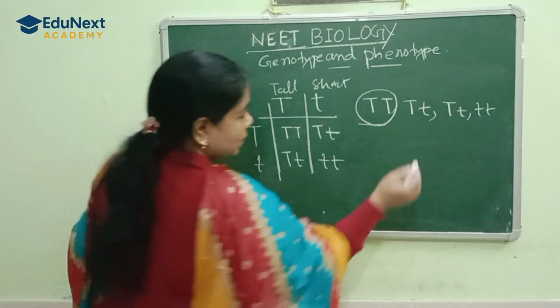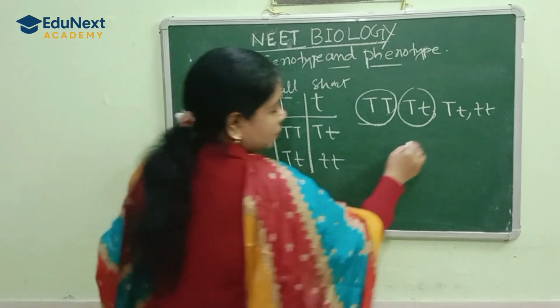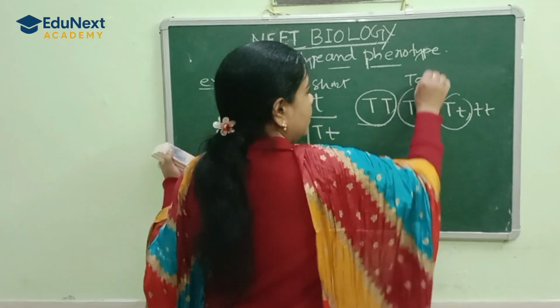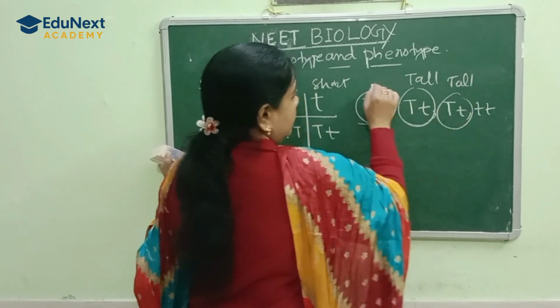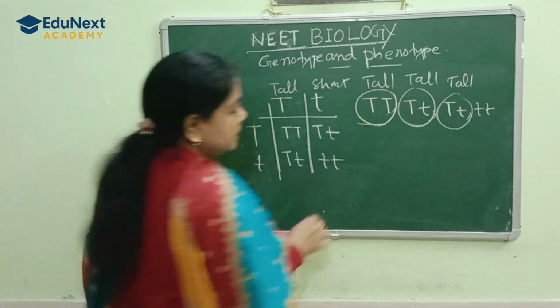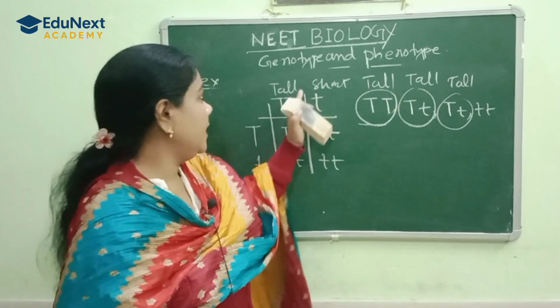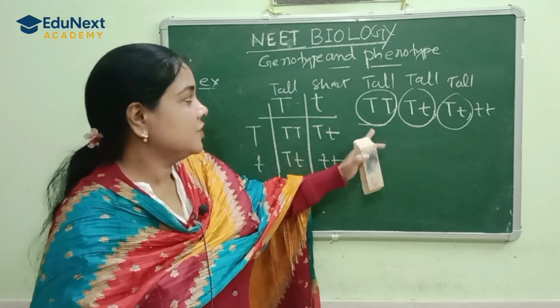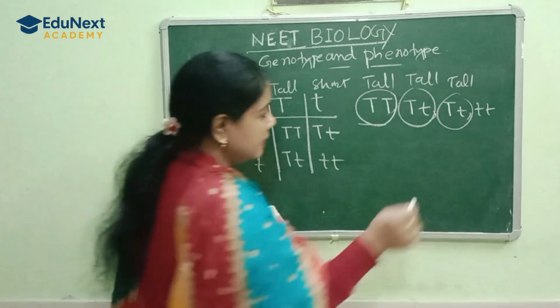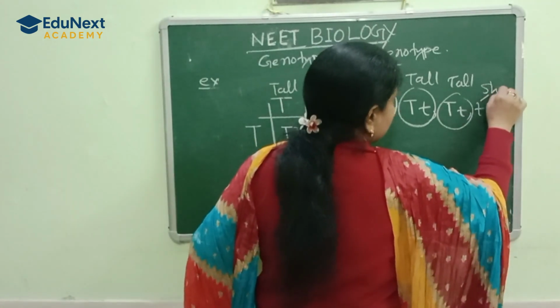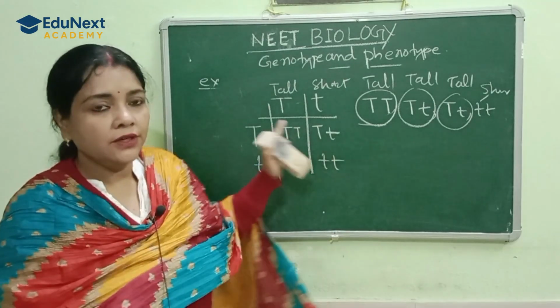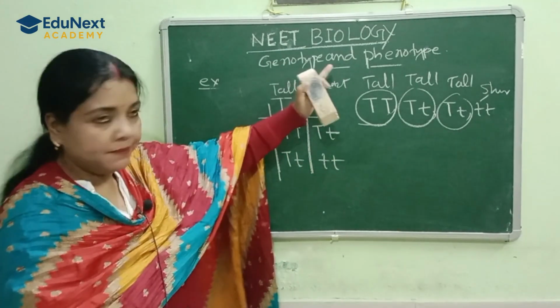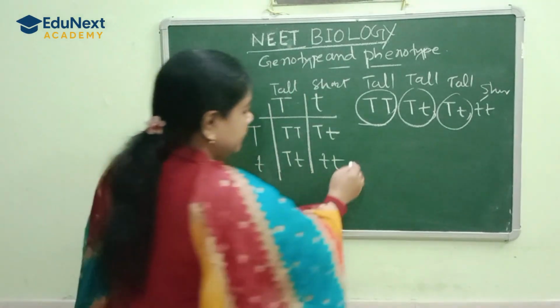So there is a chance that the child plants may come as tall, tall, tall, and one short. According to this, what is the genotypic ratio here?